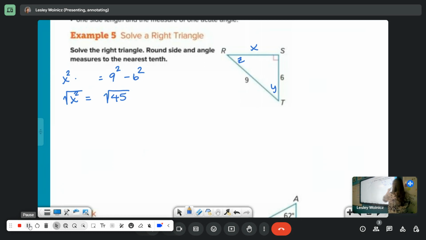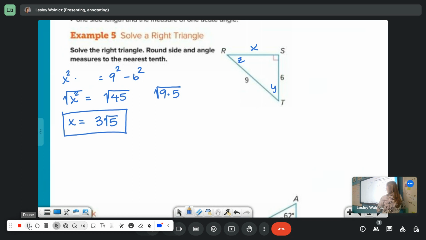No. So my x is going to be the square root of 45. What is the biggest perfect square that's hiding in 45? 9 and what? 9 and 5. What's the square root of 9? 3. So this gives me 3 root 5. Okay, so that's one thing. Okay, we just have to find the other two things.